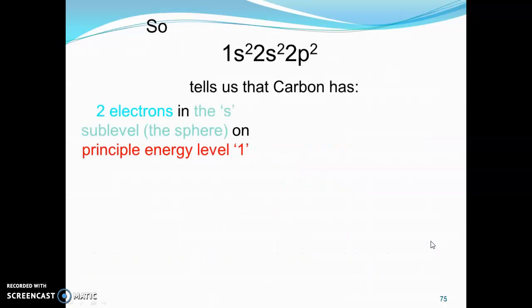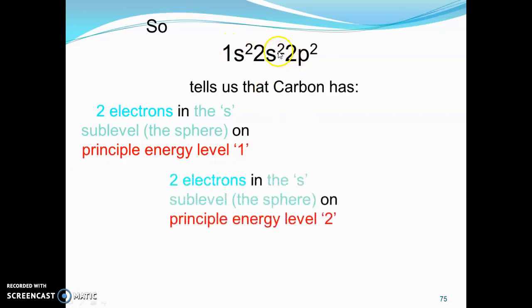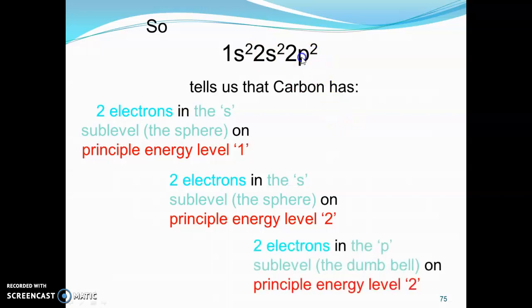Just to go over what this is telling us, carbon has 2 electrons in the s sublevel on the first energy level, 2 electrons in the s sublevel on the second energy level, and then 2 electrons in the p sublevel on the second energy level as well. So these two are on the same energy level.